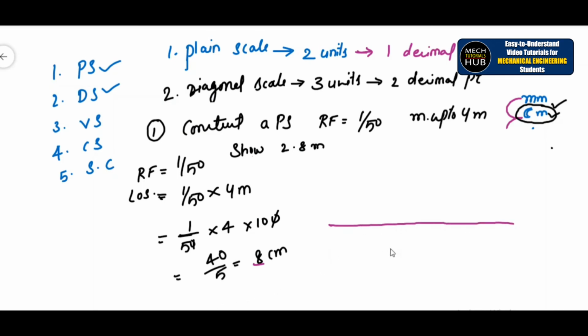Let us imagine that the length of the line is 8 centimeters, and a scale is always of rectangular shape. So here I'll consider a conventional height of maybe 1.5 or 2 centimeters. There is no strict rule given, so you can consider 1.5 or 2 centimeters according to your convenience, and close the box.